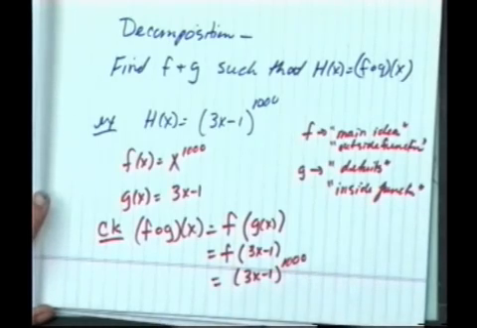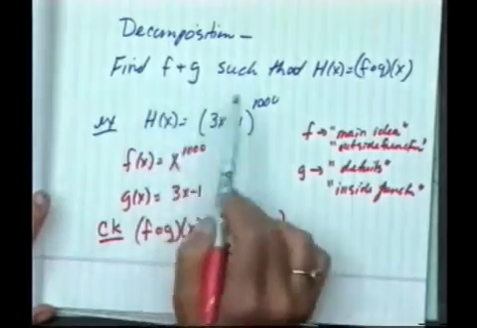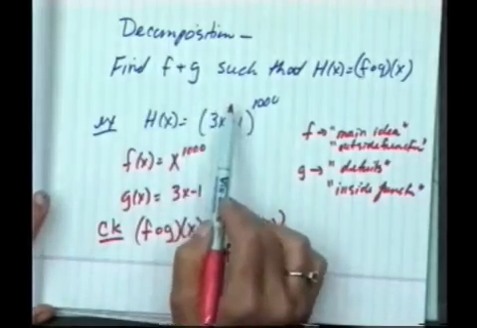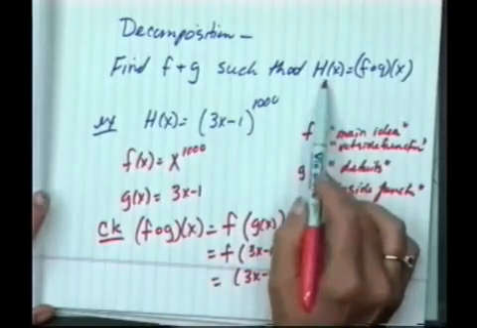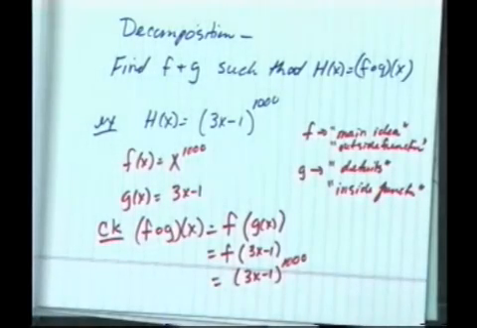So when you're looking for two simpler functions, f and g, so that their composition, f at g of x, is h of x, you just let f be the big idea, the type of problem that it is, and then you come back and let g be the details.